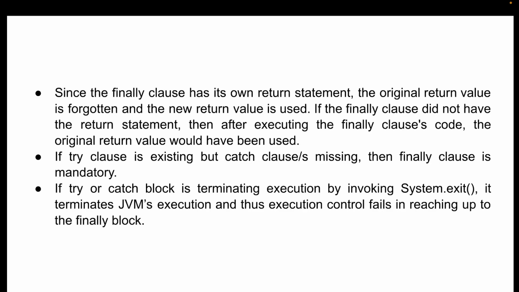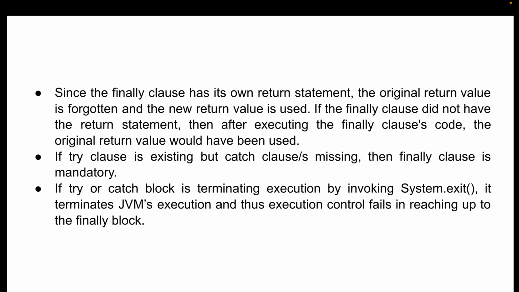Okay, let's read through this slide also, and then I will show you another demo. Since the finally clause has its own return statement, the original return value is forgotten and the new return value is used. If a try clause exists but catch is missing, then the finally clause is mandatory.